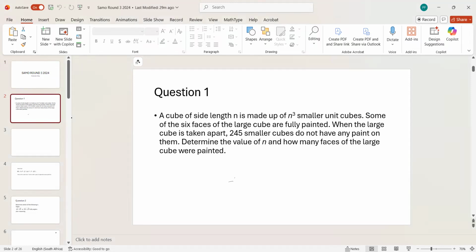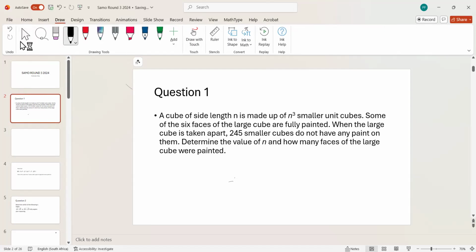But when the large cube is taken apart, 245 smaller cubes do not have any paint on them. So the unpainted cubes number 245. We were not given n, so the question is, determine the value of n and how many faces of the large cube were painted.